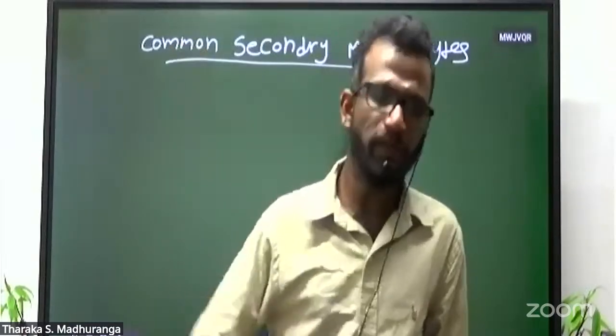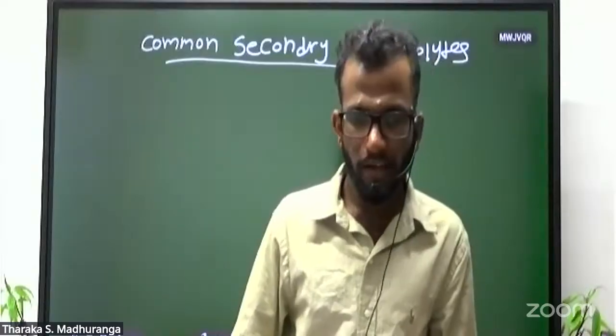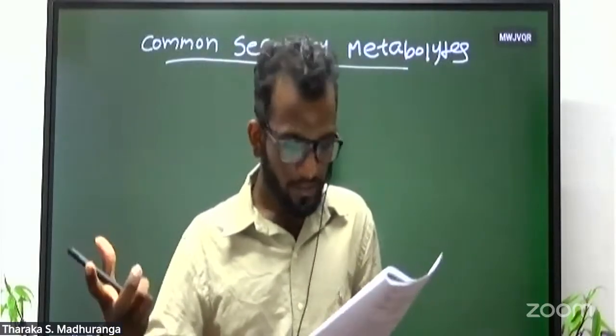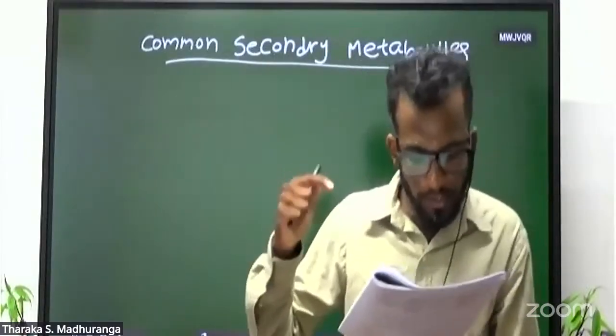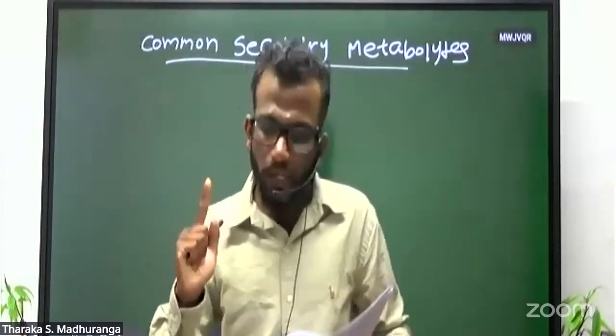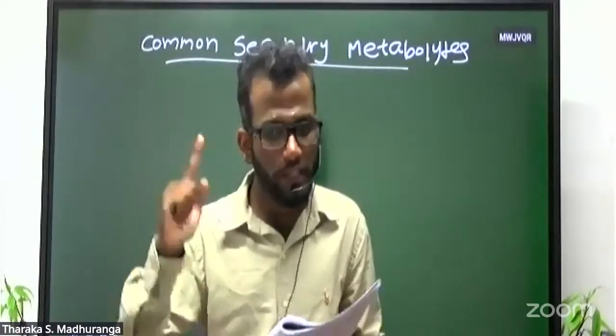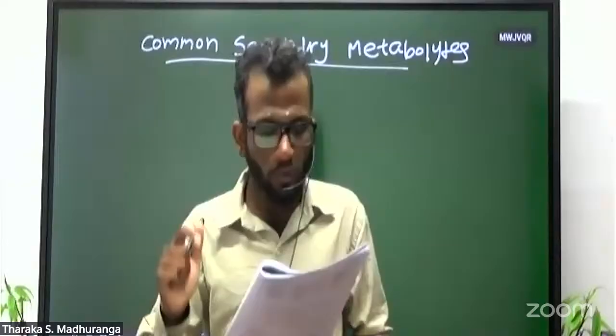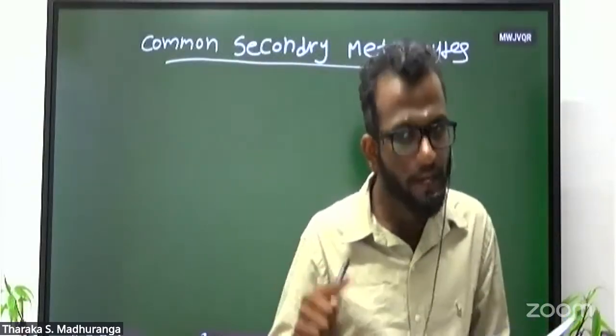Then a lot of pictures you can get, then you can understand. The clove oil, the secondary metabolite is eugenol. The gingerol means ginger. Eugenol, clove oil. Cinnamaldehyde, that is easy.